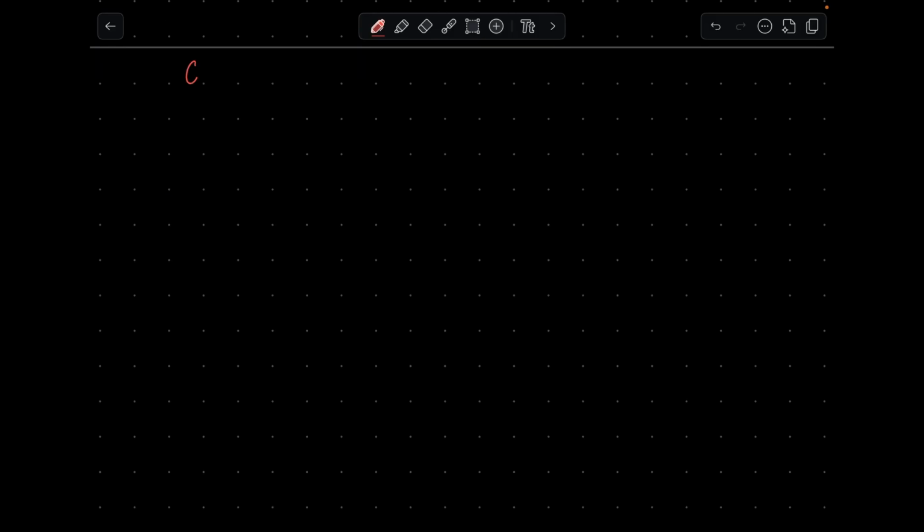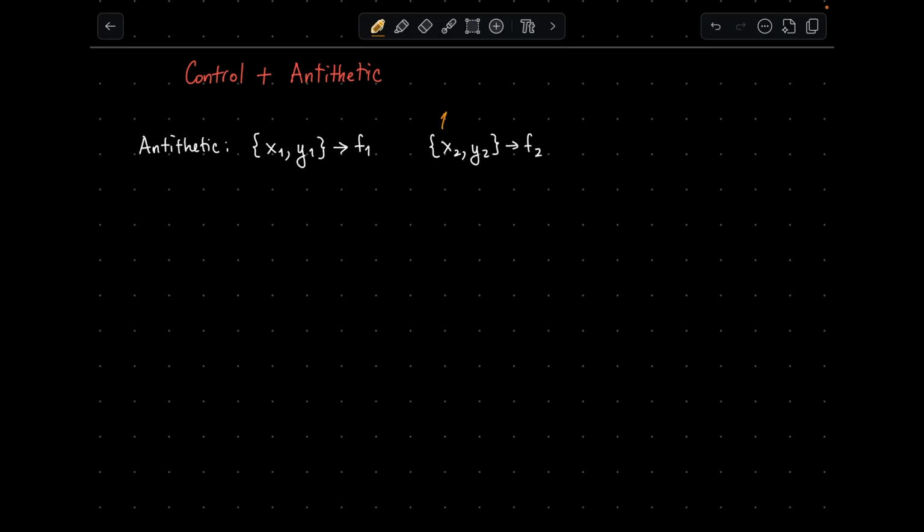Finally, I want to mention that you can mix and match different variance reduction techniques. For example, let's consider control variate technique combined with antithetic variate technique. Here we start with the usual antithetic approach, where we draw x1, y1 for f1 and x2, y2 for f2, where x2 is equal to 1 minus x1 and y2 is equal to 1 minus y1.